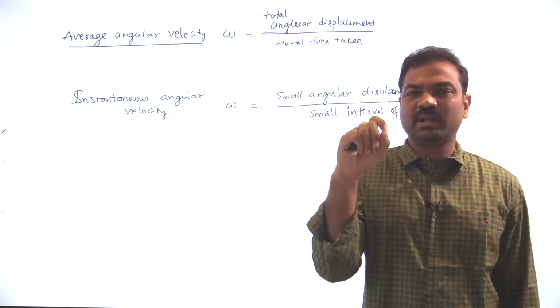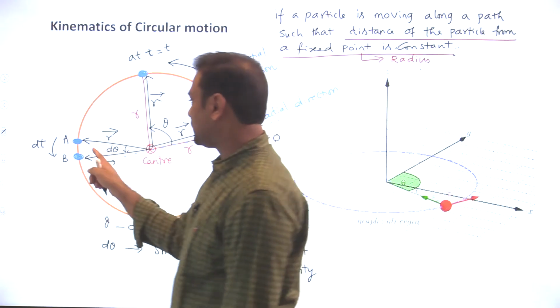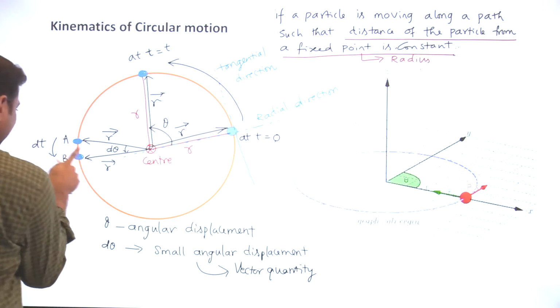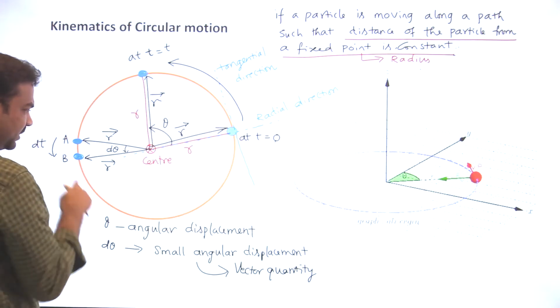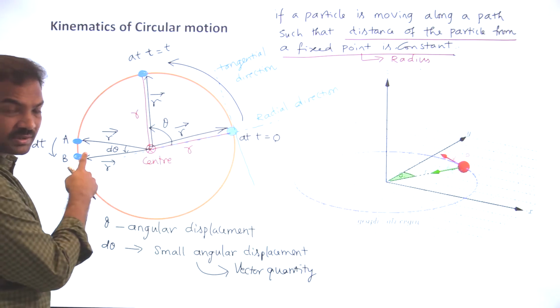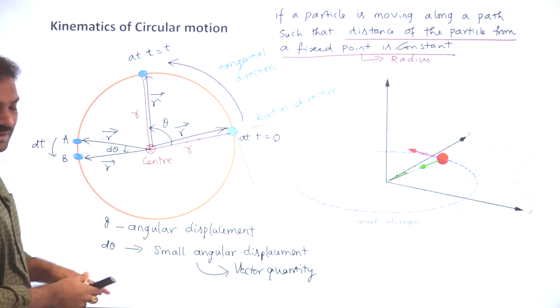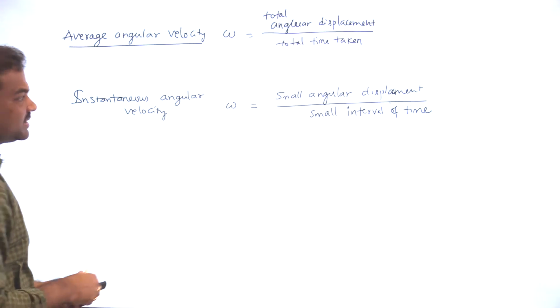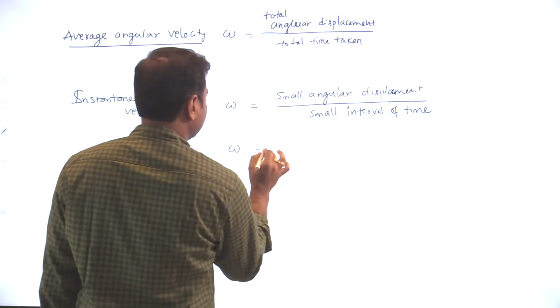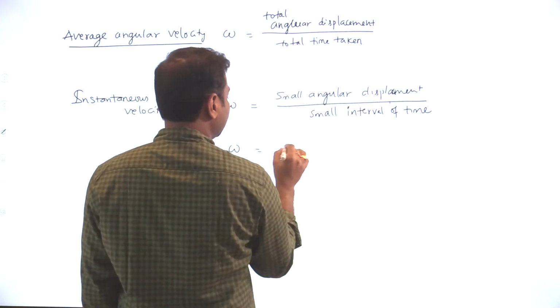That means we are talking about a particular instant, the angular velocity at this place, at this instant only. We don't bother about the remaining part of the circular motion. That's why it's called instantaneous. I think you understood now. What is the small angular displacement?